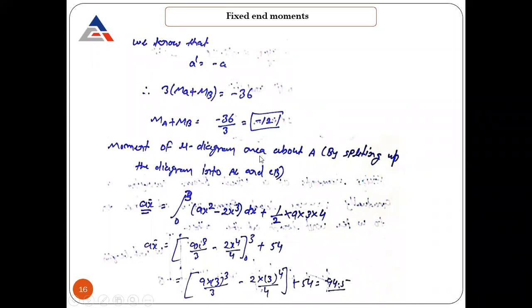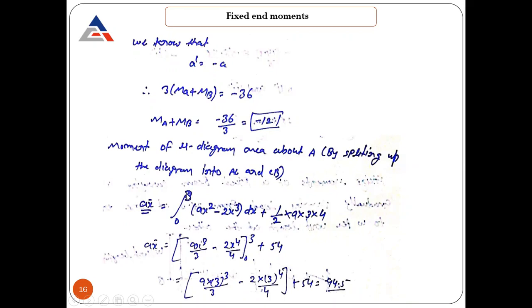Moment of the Mu diagram area about A, by splitting up the diagram into AC and CB. Now whatever area we have, we need to calculate their moments. So the moment is nothing but A into x bar, where x bar is the distance where it acts.